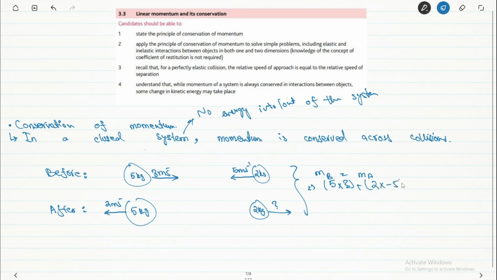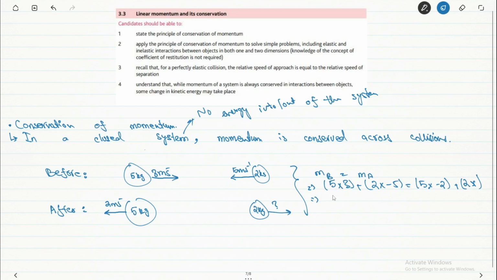Notice that it's a negative. This is equal to, because the formula is mv, 5 kg multiplied by negative 2 plus 2 kg multiplied by x, where x is the velocity.